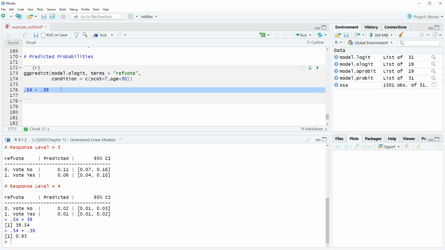All right, 0.93. All right, so we would say a 30-year-old with the strongest Scottish identity who planned to vote yes, their predicted probability of saying you can never trust or sometimes trust the British government is 0.93 or 93%.